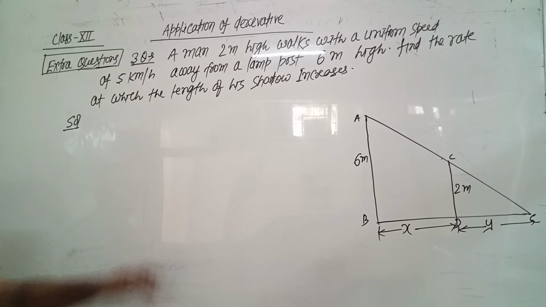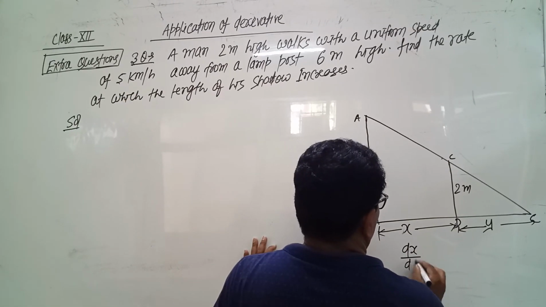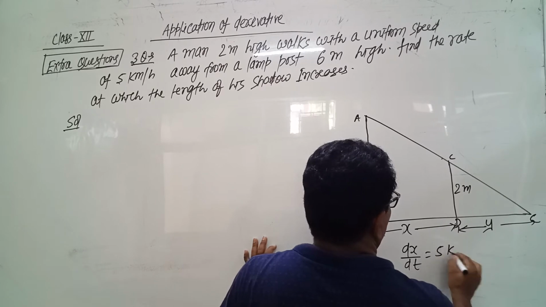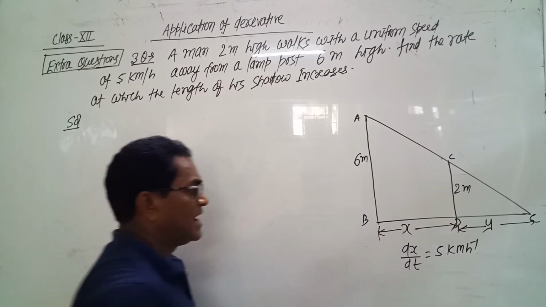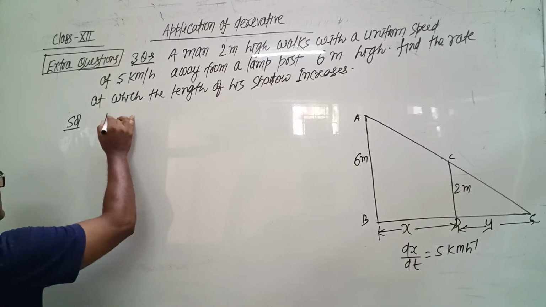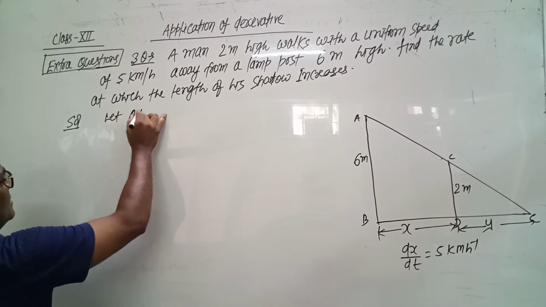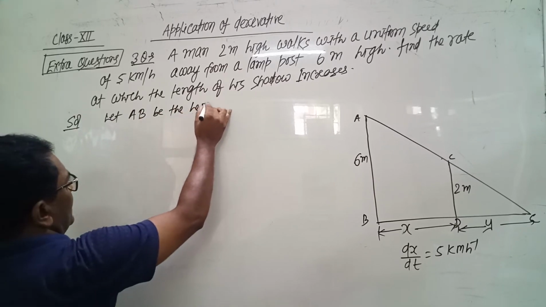The value of dx by dt is 5 kilometer per hour. The man is walking away from the lamp post with a speed of 5 kilometer per hour. So let AB be the height of the lamp post.